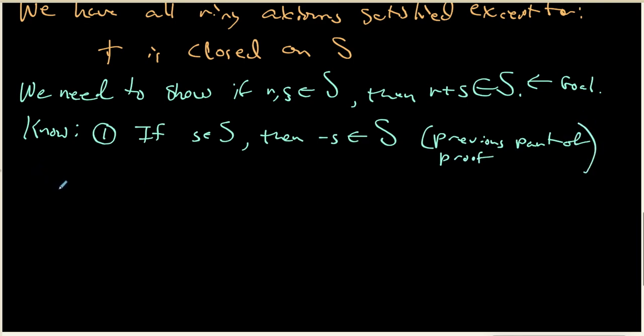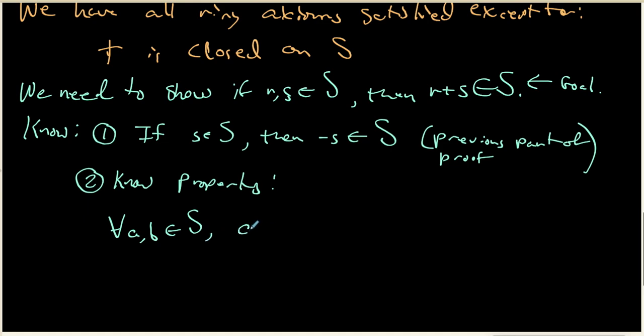And we also know property B. And property B says no matter what two elements you pick inside the set, and I actually want to write this slightly differently. Property B can be stated as for any, let's just call them A and B inside set S, A plus minus B is known to be inside set S. And again, this is a universally quantified statement.